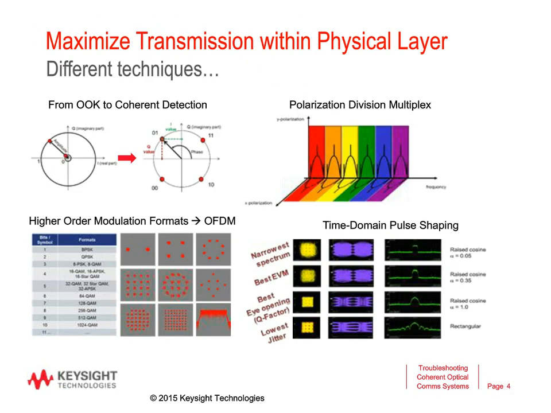So basically, one movement is from on-off keying as we used to have it in the past years to coherent detection, where we now have the information not only in the amplitude of the signal but also embedded in the phase. You could easily double the bandwidth by using different polarizations in a fiber, so that would give us essentially a second channel to transmit our data.